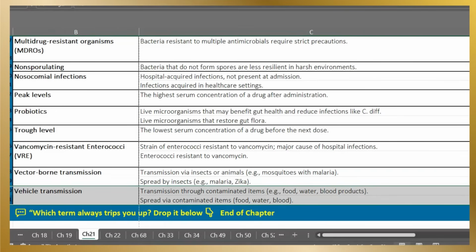And vehicle of transmission, it's transmission through contaminated items. This spreads from food, water, blood. So for vehicle of transmission, think of a vehicle as a delivery car for germs. So this vehicle carries diseases.